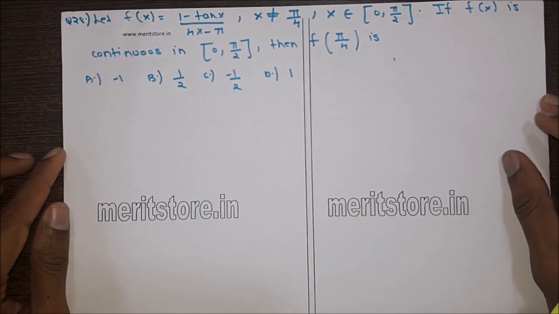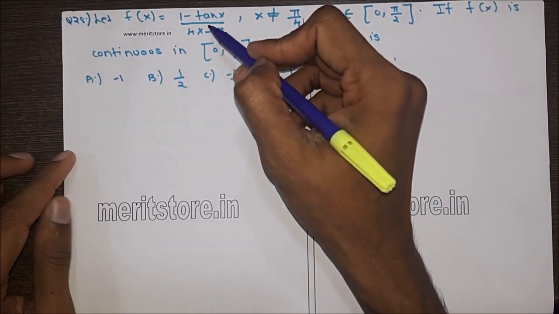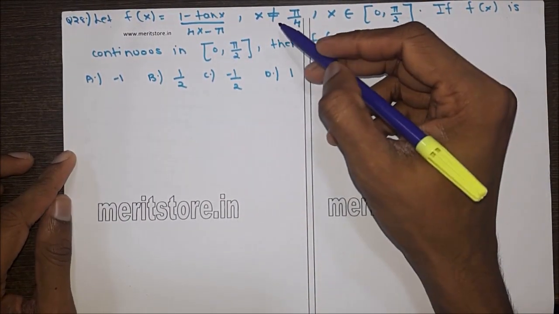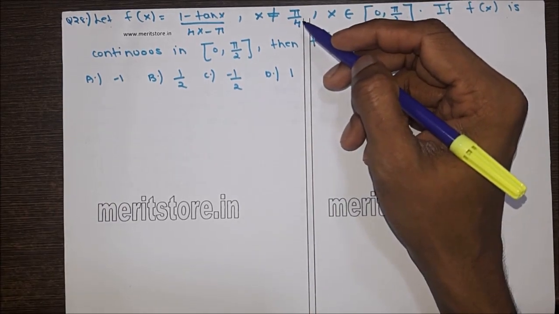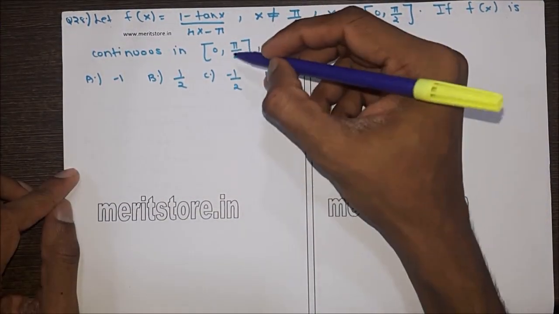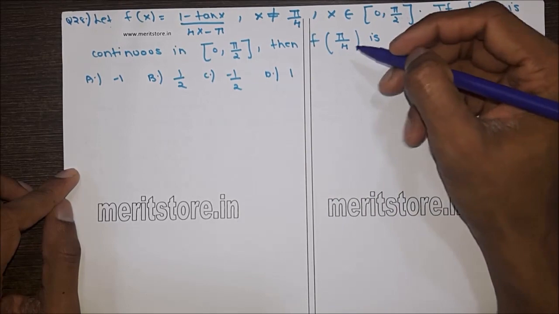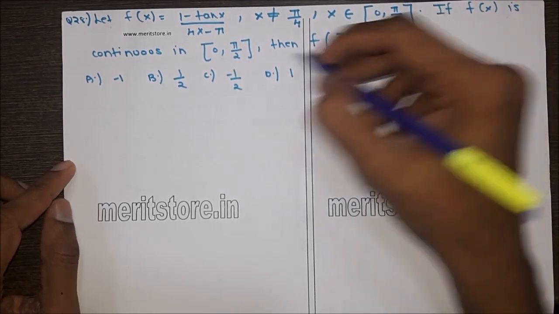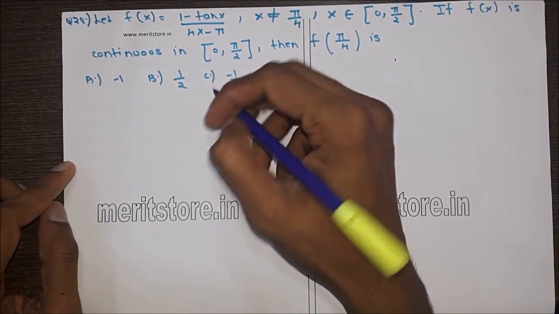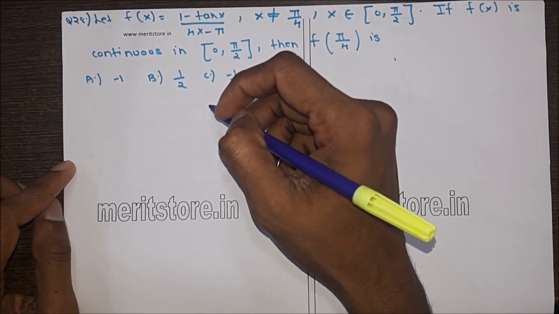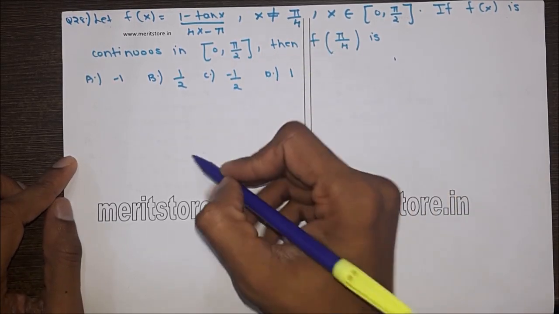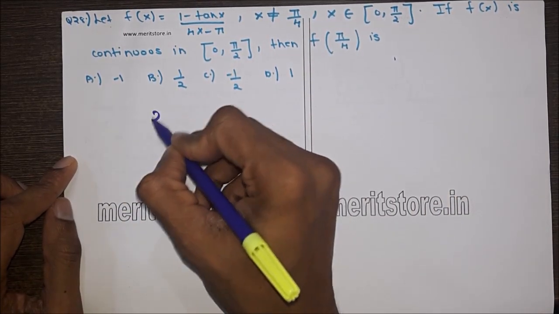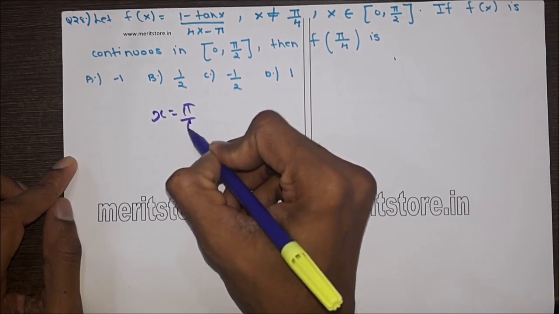Question 28. Let f(x) equal to 1 minus tan x upon 4x minus pi, where x is not equal to pi by 4, be continuous in 0 comma pi by 2. Then f(pi by 4) is, and we are given 4 options. Since f(x) is continuous in 0 comma pi by 2, it is continuous at x equal to pi by 4.